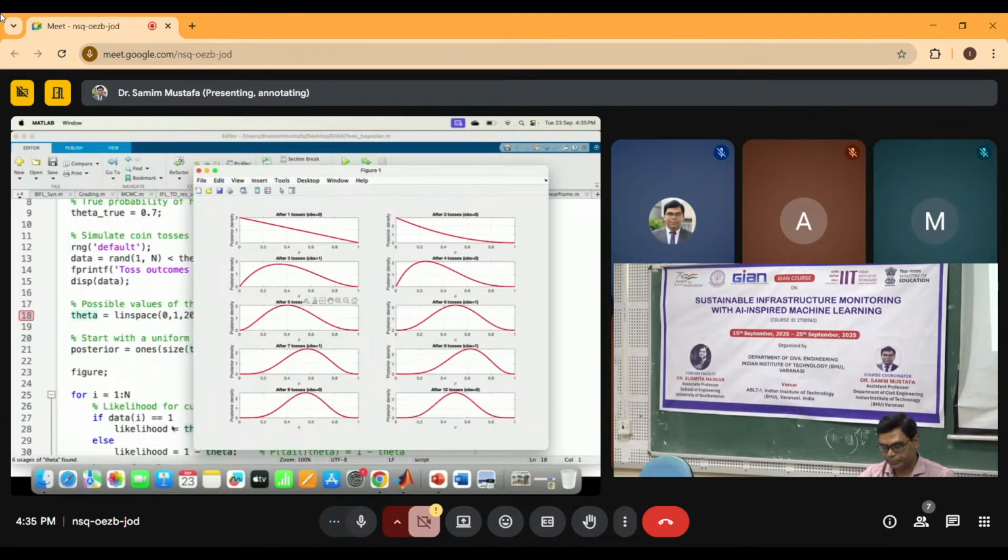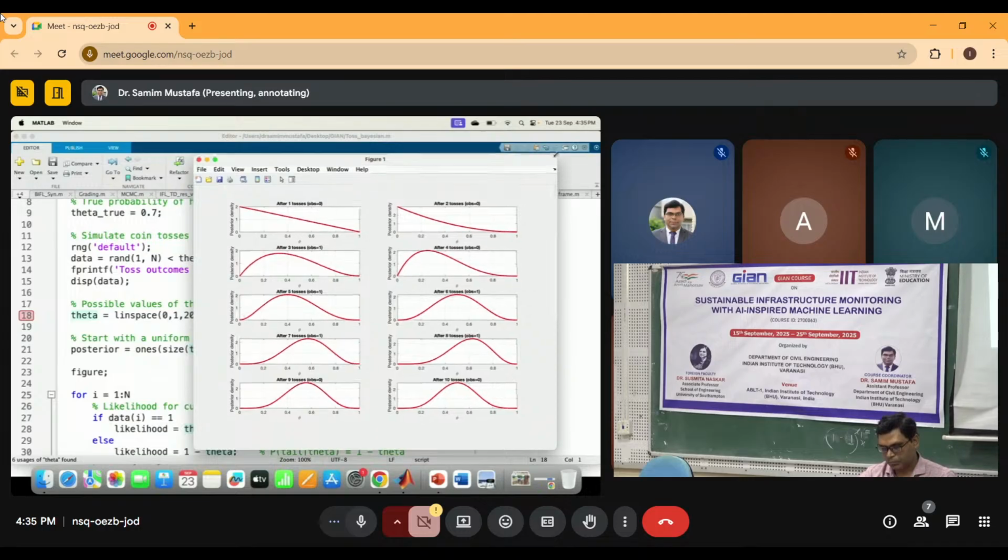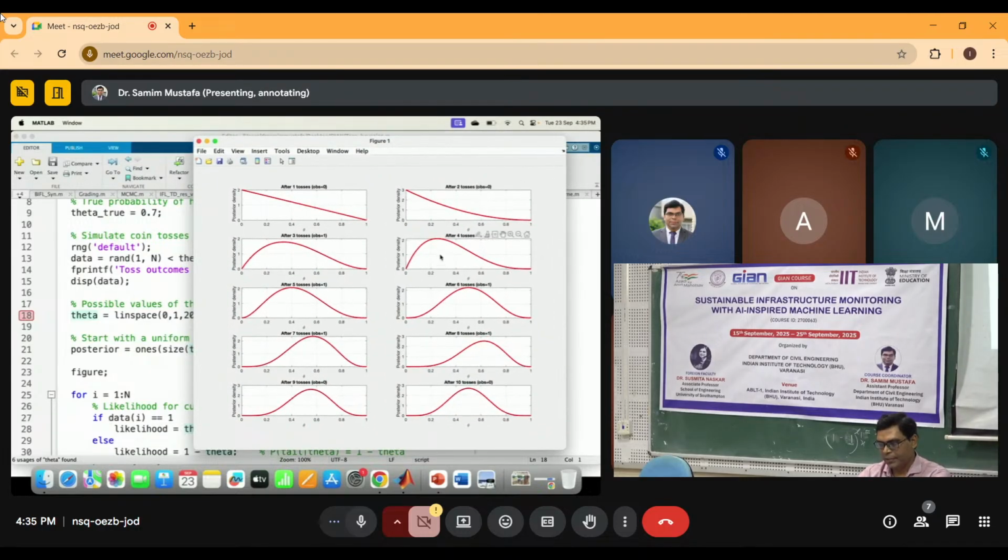Then at the fourth toss you got tail, so it shifted again to this side, and the probability reduced.